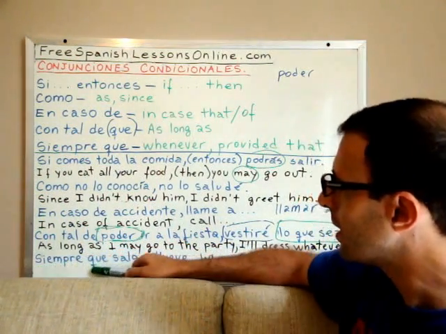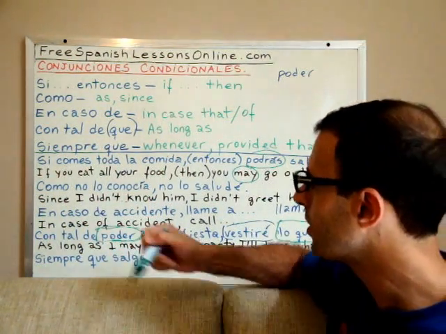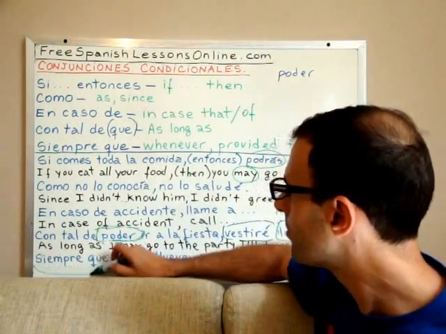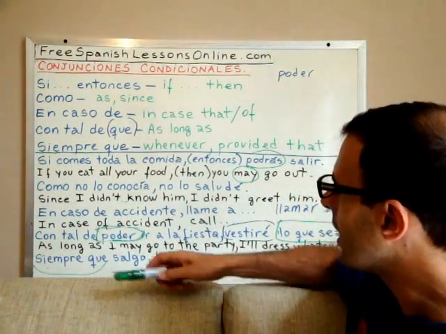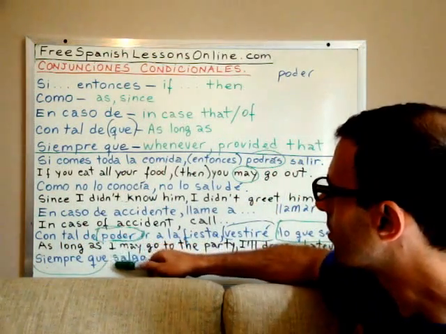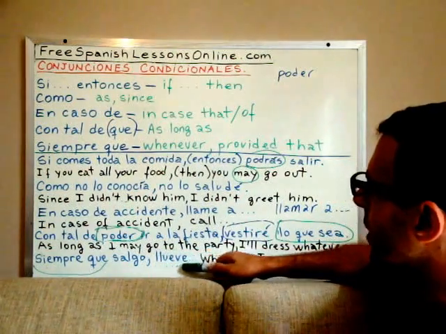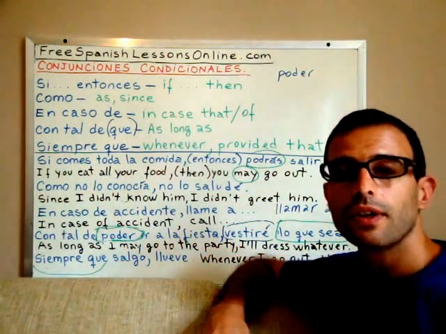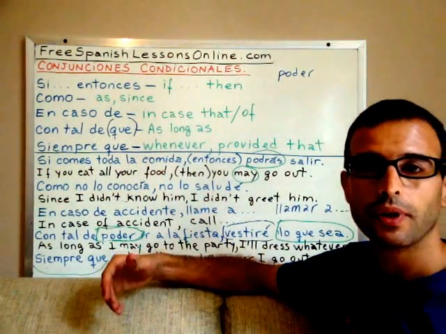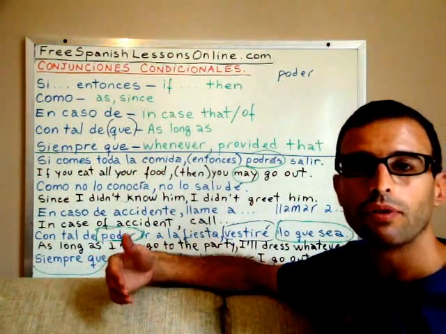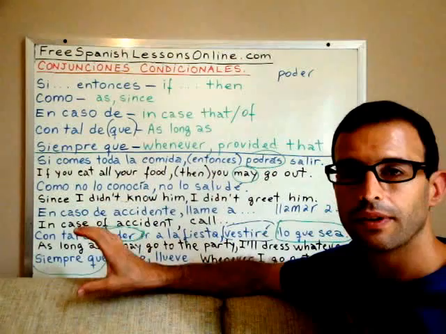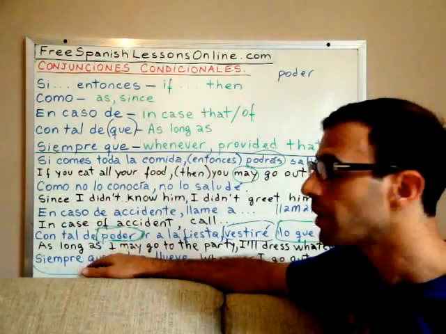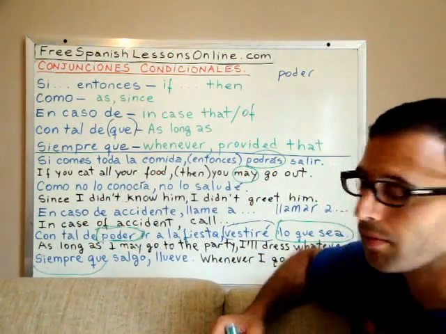Siempre que, let's replace it with whenever I go out, it rains, right? Remember that in Spanish, since the subject pronoun is already implicit inside the conjugated verb, then we omit it, right?